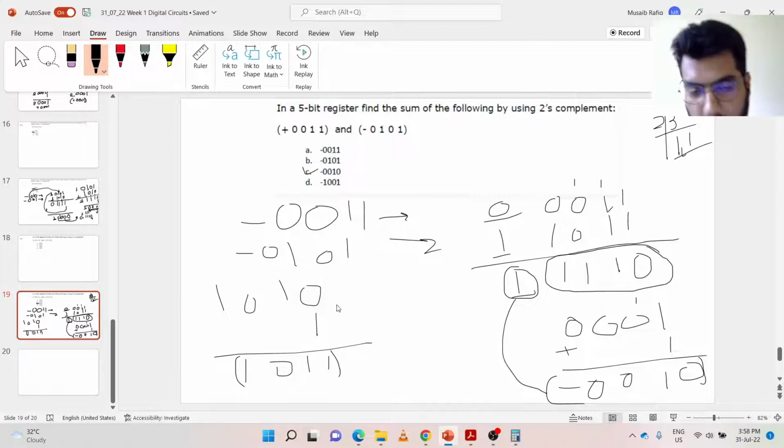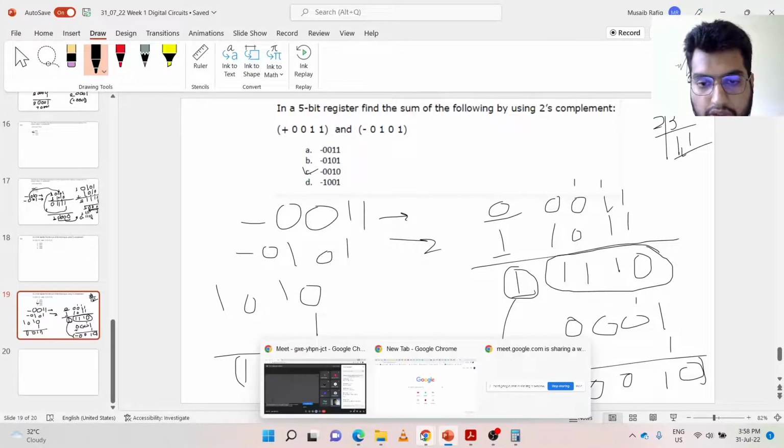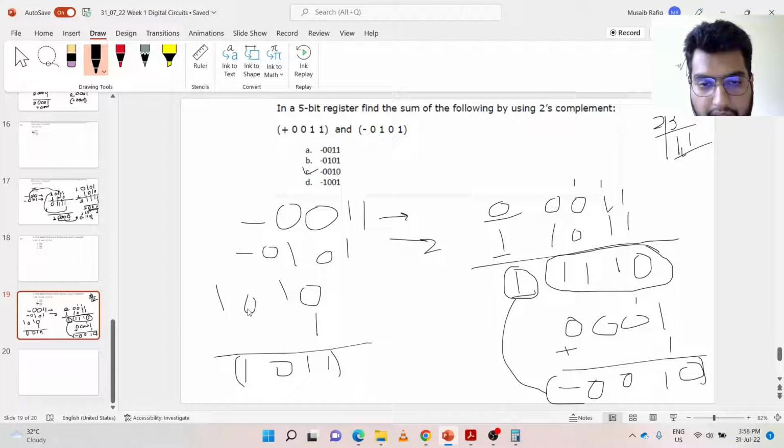This is a way of finding the 2's complement. So it is 1, 0, 1, 1, and its sign bit is 1. Now I added the two numbers: 1 plus 1 is 2, that is 1, 0. So 1 plus 1 plus 1 is 3, that is 1, 1. 1 plus 0 is 1, and then 1 plus 0 is 1.